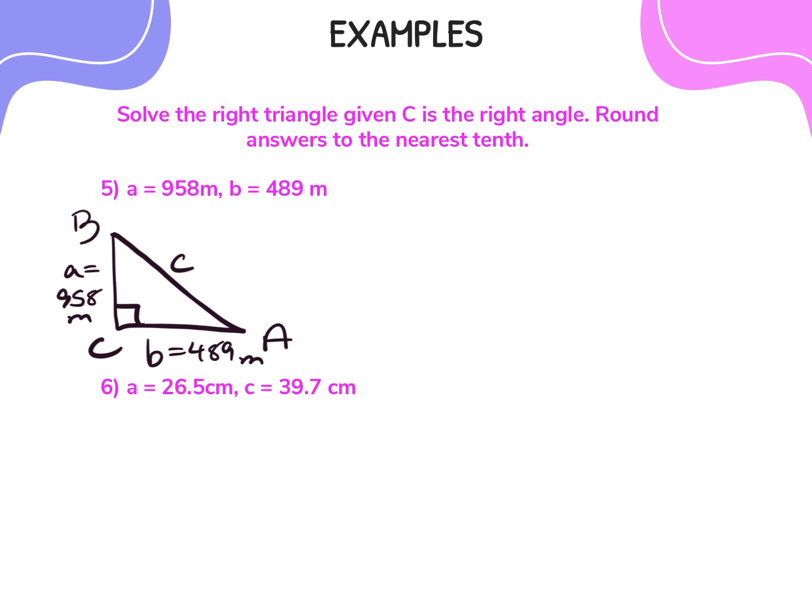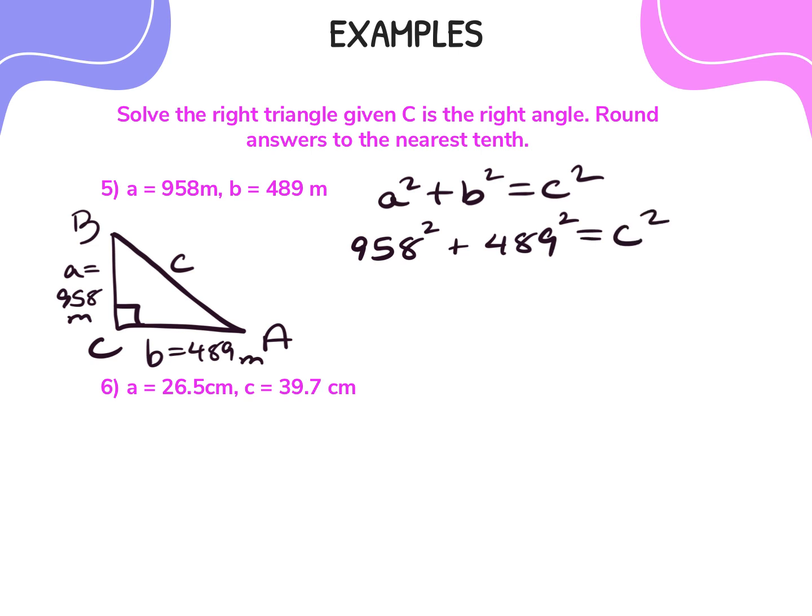Now, in order to find the hypotenuse, we're going to do Pythagorean theorem. So we're going to do a squared plus b squared equals c squared. They gave me a, 958. I'm going to square that. Square the b, 489. I have to square first, then add.